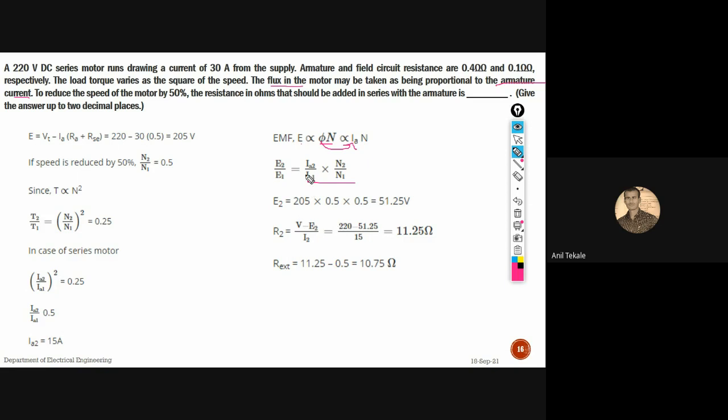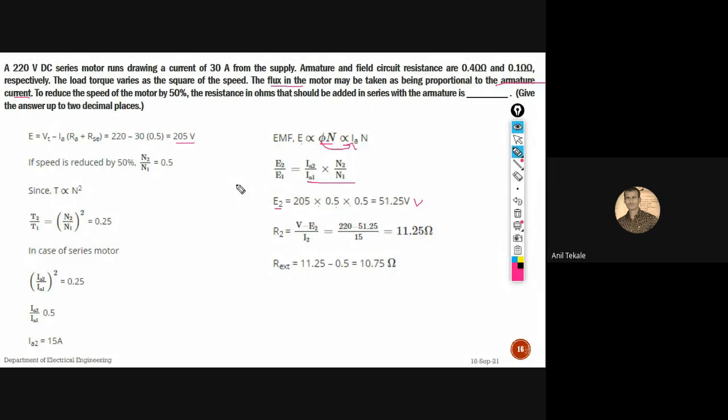So E2 can be calculated: 205 into 0.5 into 0.5. They had told us all the values, so we can simply calculate E2, which is 51.25.